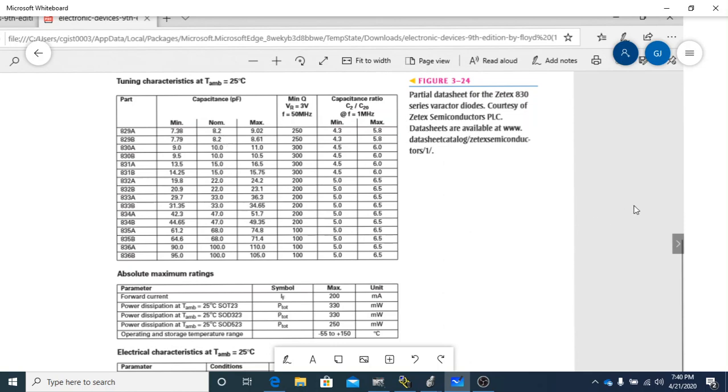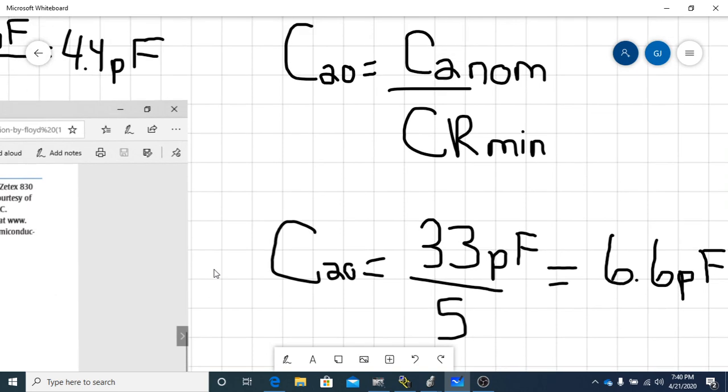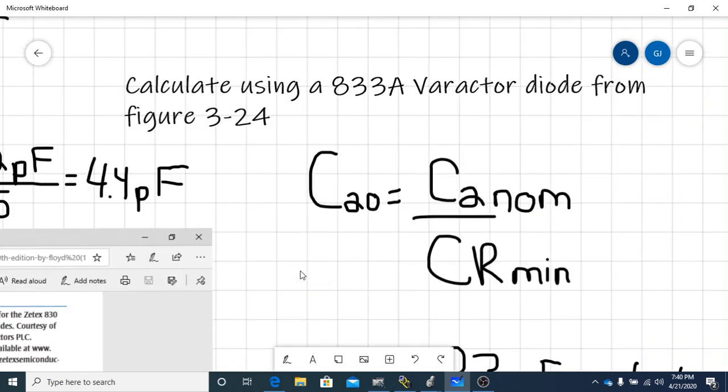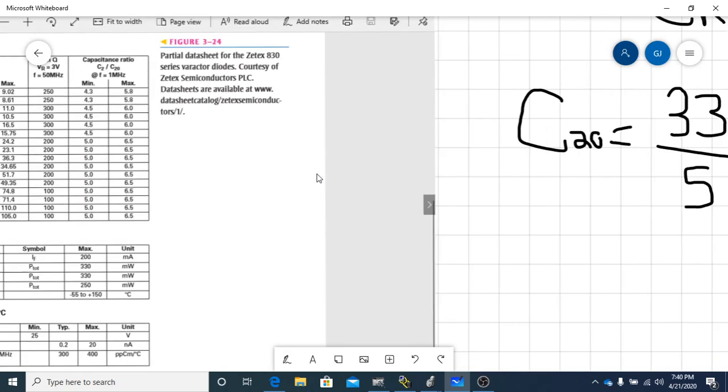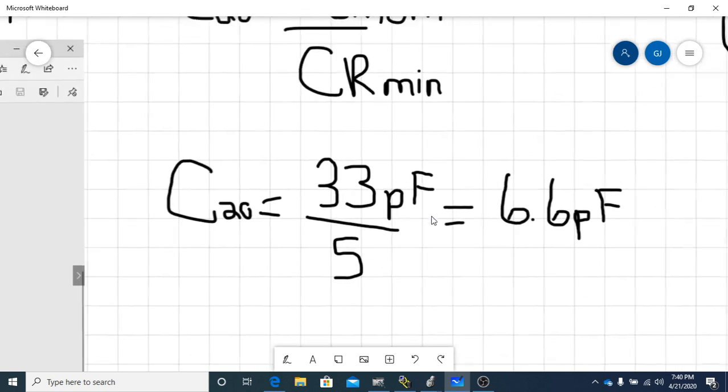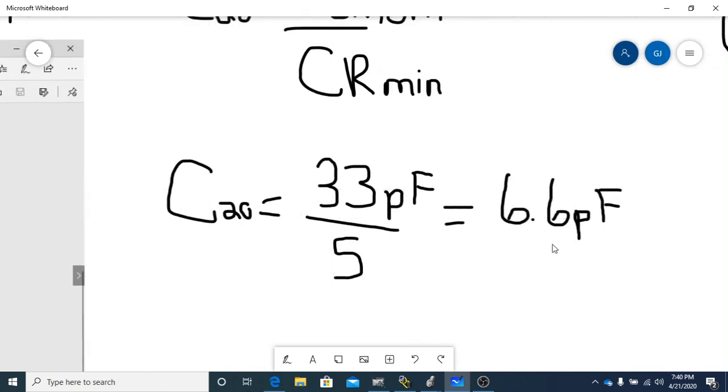So we're going to look down through here, and this right here is an 833A. So 833A is going to be 33 picofarads, and we're going to be at a ratio of 5. So we have to take 33 picofarads divided by 5, which should give us 6.6 picofarads.